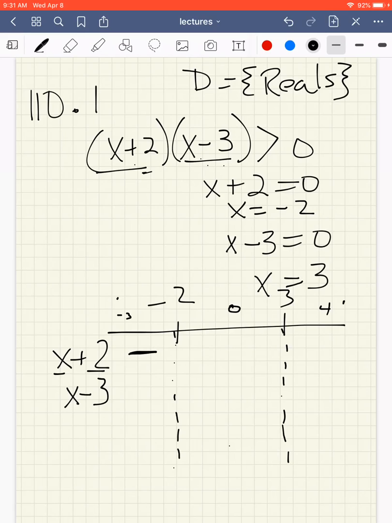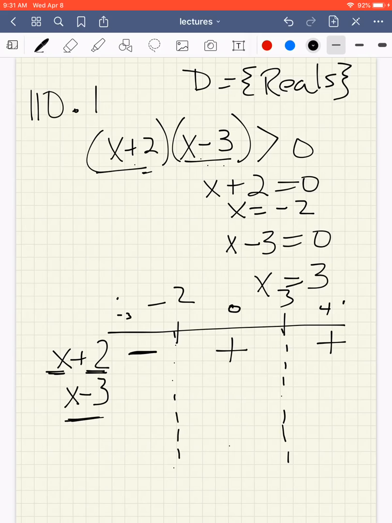Okay, now move over to 0. 0 plus 2 is +2, which is a positive number. Then move over to the 4. 4 plus 2 is +6, so that's a positive number. Okay, now move down to the other factor.